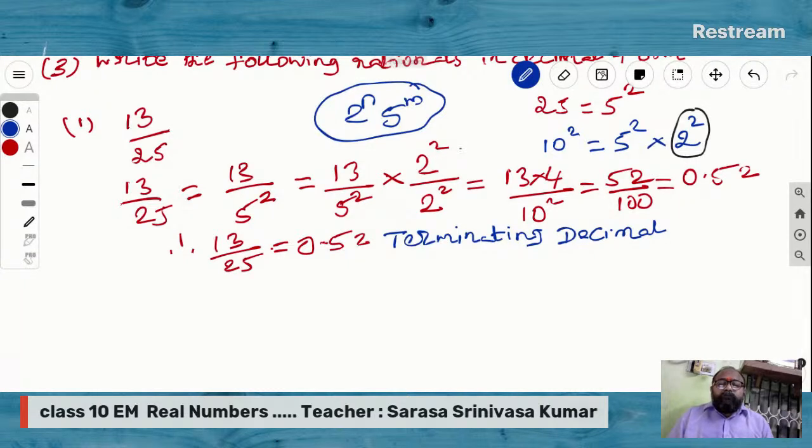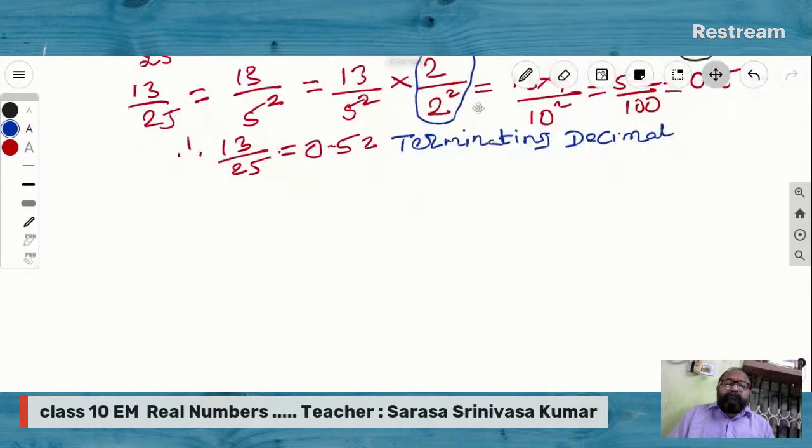So that is why we multiplied and divided by 2 square. 13 by 5 square multiplied by 2 square by 2 square is equal to 52 by 100. So the answer is 0.52.